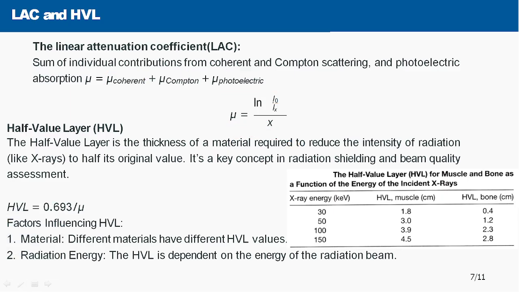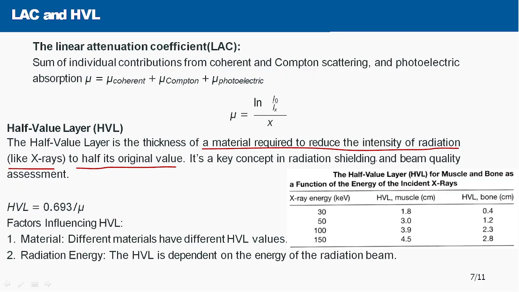Now coming to the half value layer. The half value layer is the thickness of material required to reduce the intensity of radiation like X-ray to half of its original value. Whatever the value, let's say I0, if it is reduced to half, what should be the thickness of that material to reduce that?